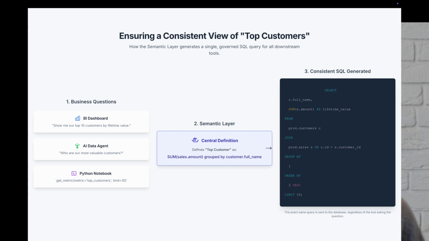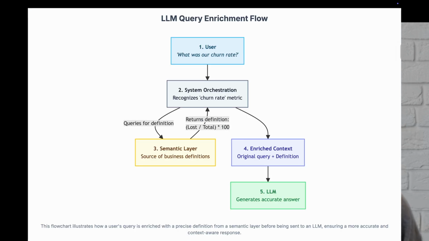That is the power of semantic layers in enriching the context for large language models. Think of retrieval augmented generation and how semantic layers can act as the ultimate external source in enriching your query sent to the large language model. That is the power of semantic layers.